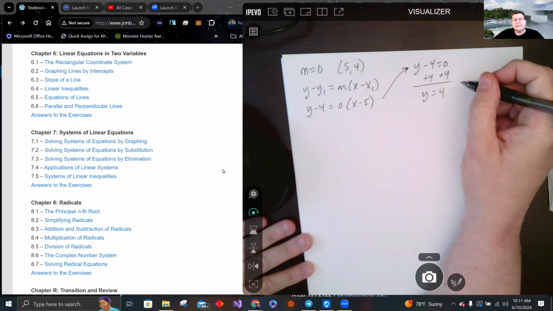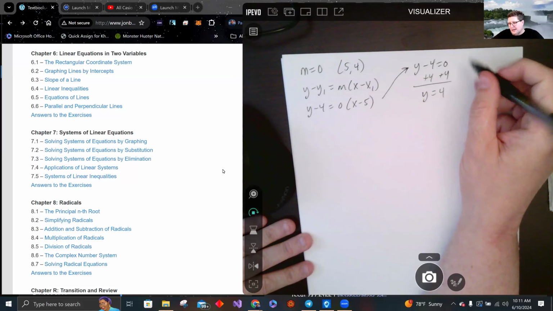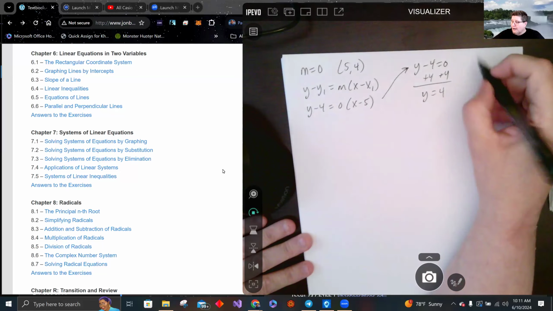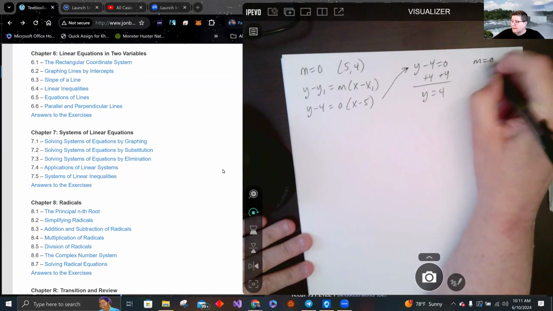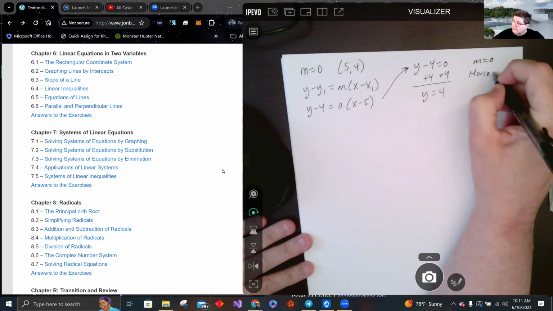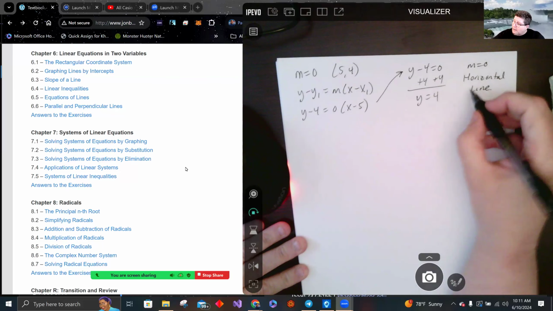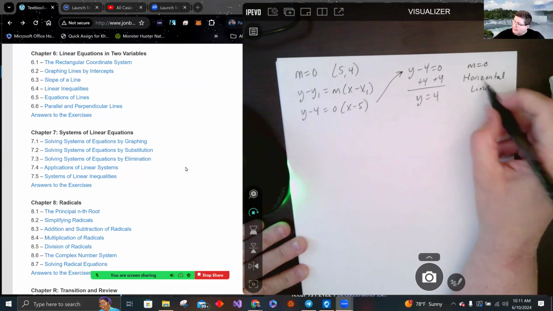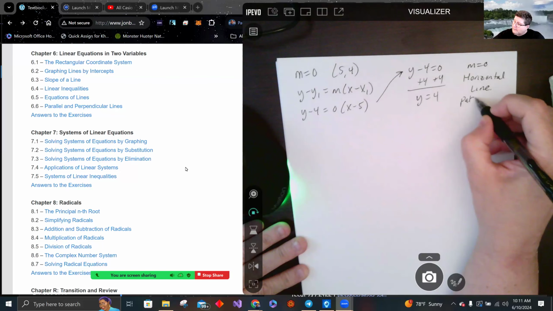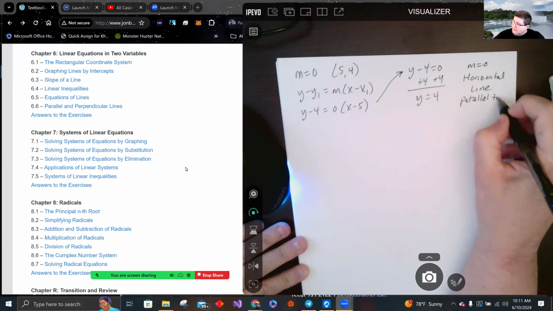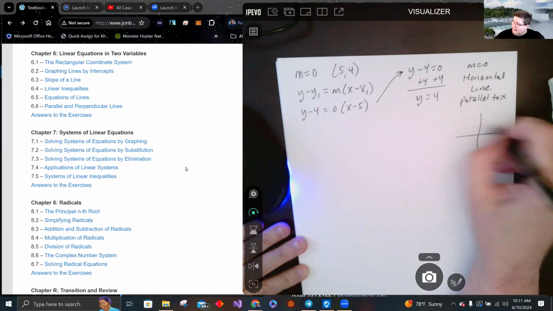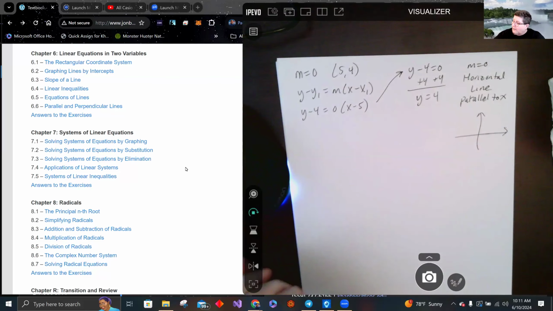There's no x. And this is because m equals 0. For m equals 0, we have a horizontal line, which means it's parallel to x. And it's a flat line through y equals 4.